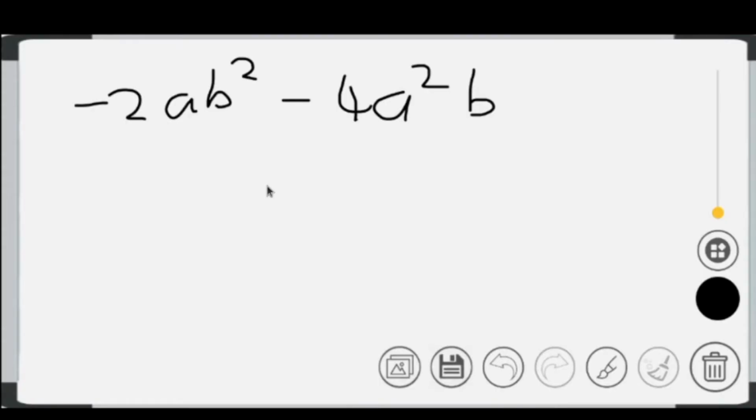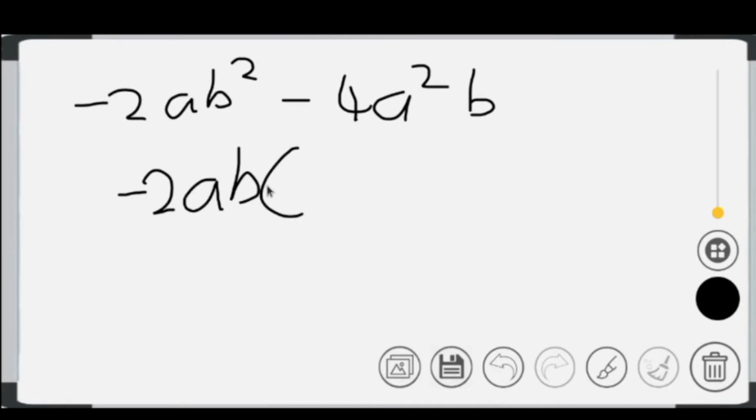Right, there it is. I rewrote it over here so that you can see it properly. Now we have negative 2ab squared minus 4a squared b. First of all, you have to find the highest common factor. In this case, our highest common factor is negative 2ab, because we have negative 2ab in both our expressions.